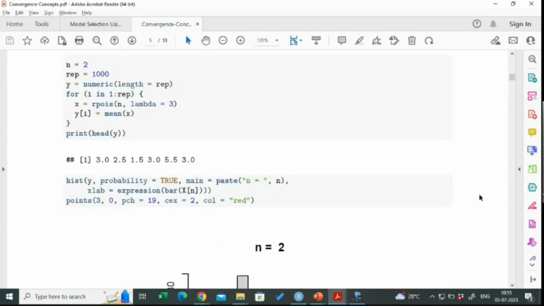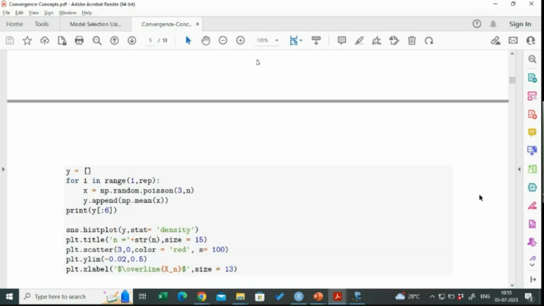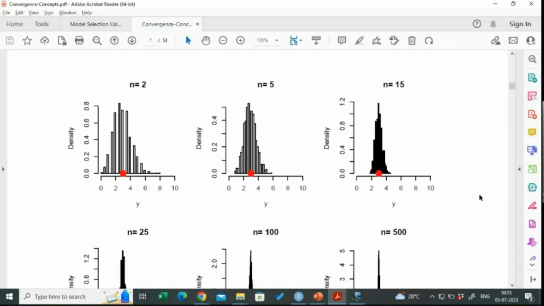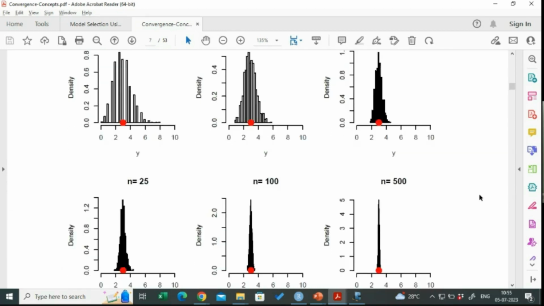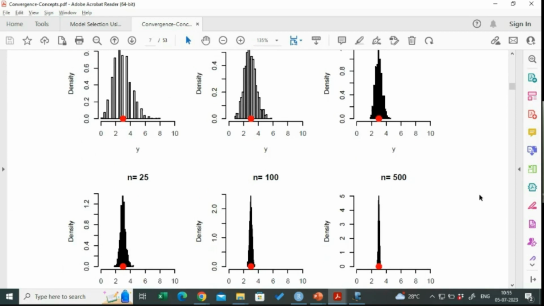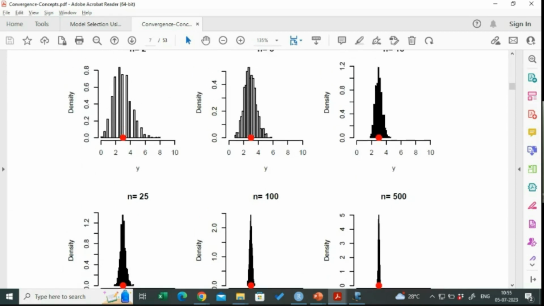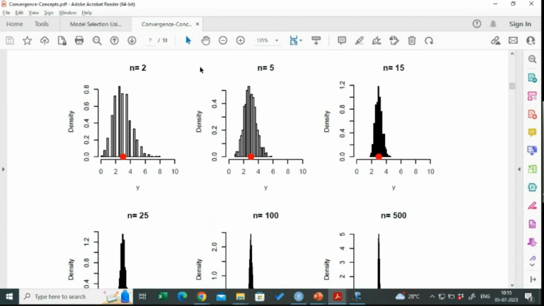This is the R code. This is one of the demonstrations. The same process we do. First we do it for n equal to 2.